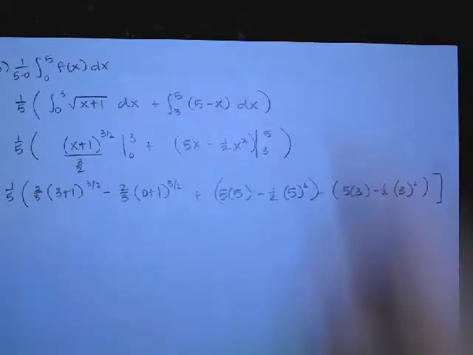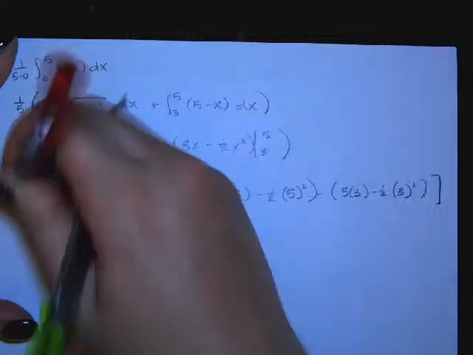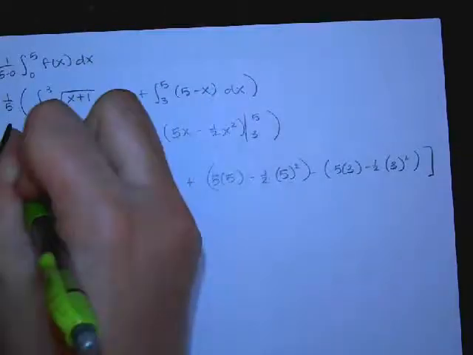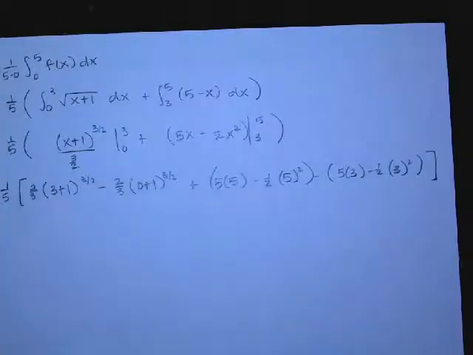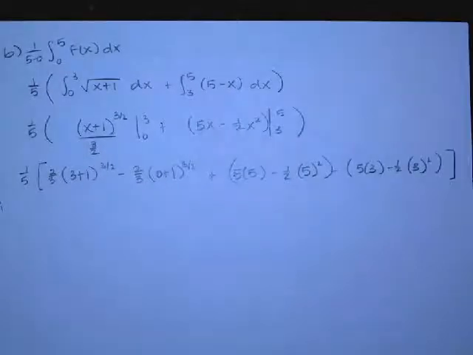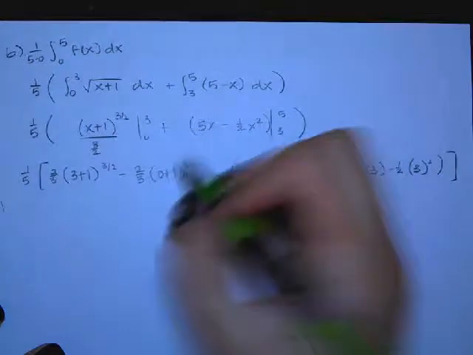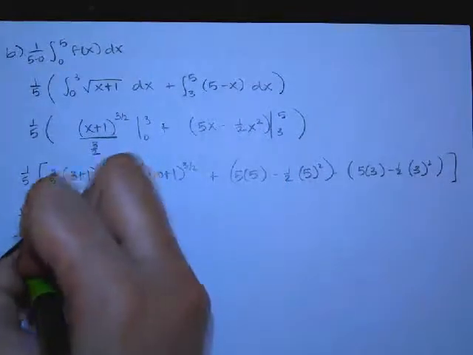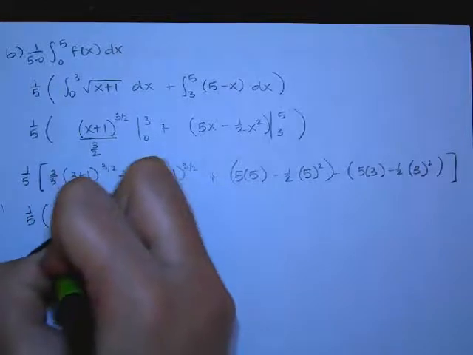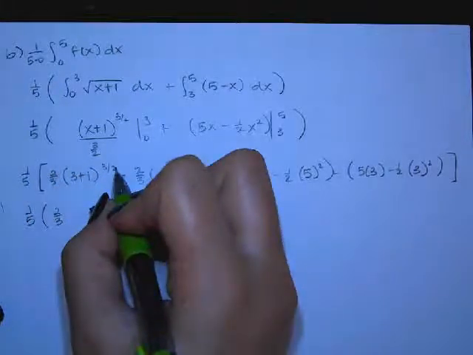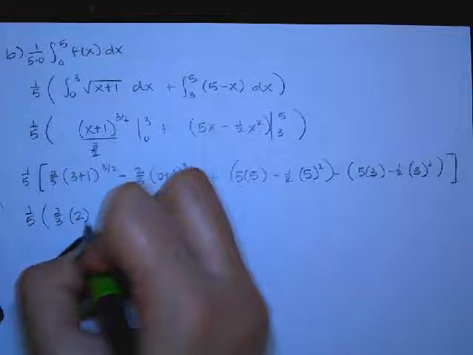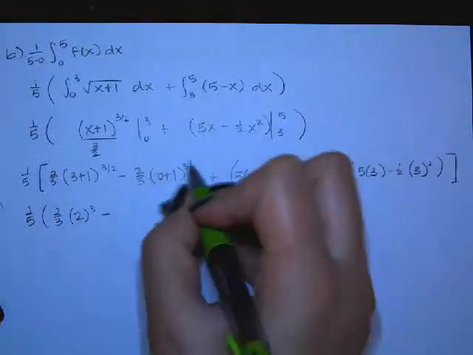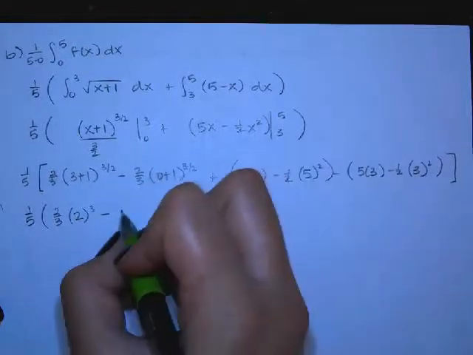And goodness gracious, I would probably leave it there, to be honest, because that's a whole lot. But if you want to keep simplifying so you can get it down, we've got 4. So the square root of 4 is 2.